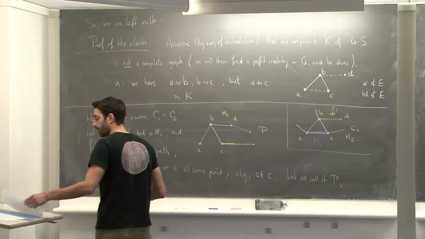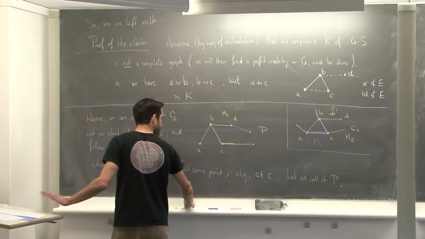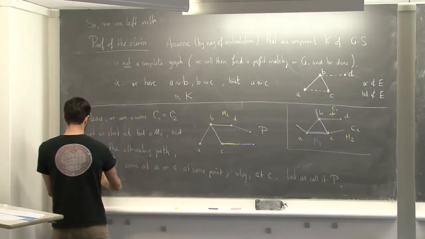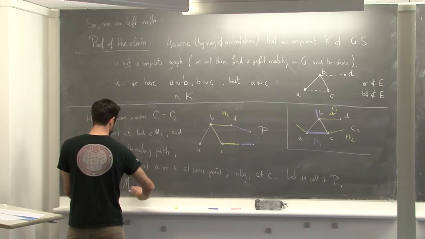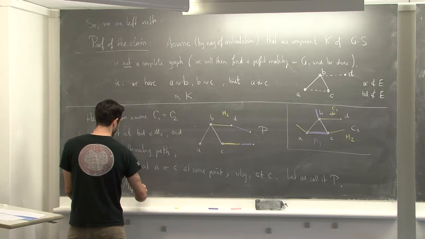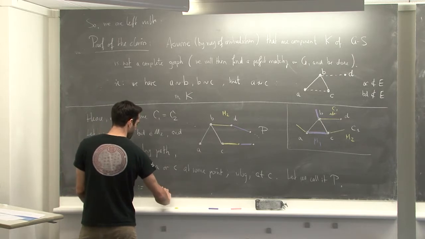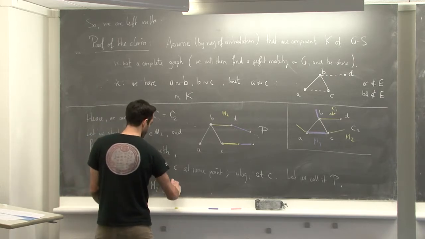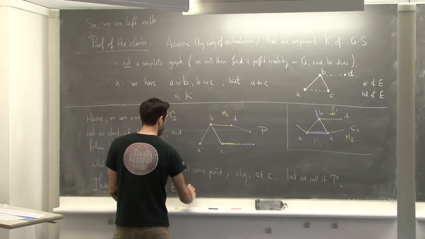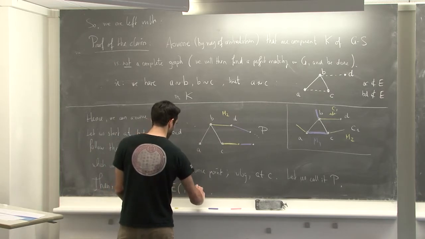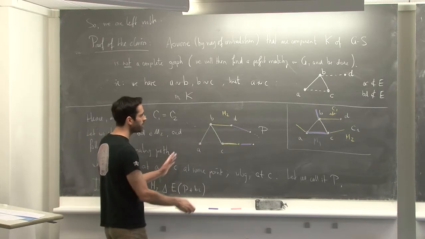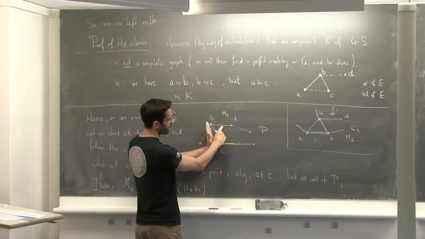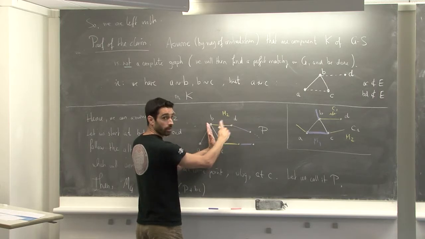So let me write this down. It's the same trick as before. Then, if you look at M2, so let's say M4, which would be M2 symmetric difference with the edges of P plus BC, which again only means you look at M2 and you exchange yellow and purple along this cycle here.